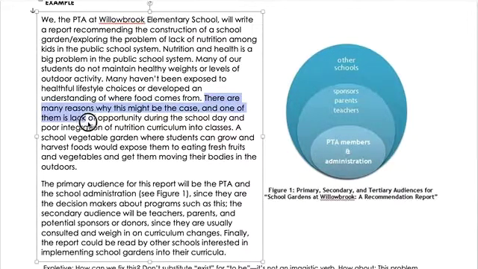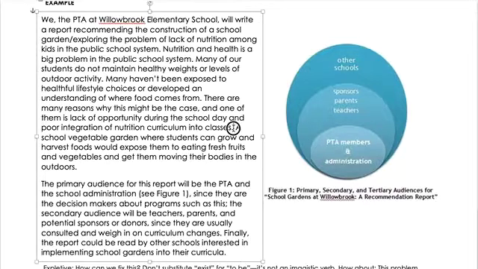Okay, next they say there are many reasons why this might be the case. And one of them is the lack of opportunity during the school day and poor integration of nutrition curriculum into class. Great, so I can tell that their scope is narrowing even more because they think that one of the root causes might be education itself, and that there isn't health education or nutrition education built into curriculum. If they're identifying that as one of the problems, it's going to narrow down the scope of their report a little bit.